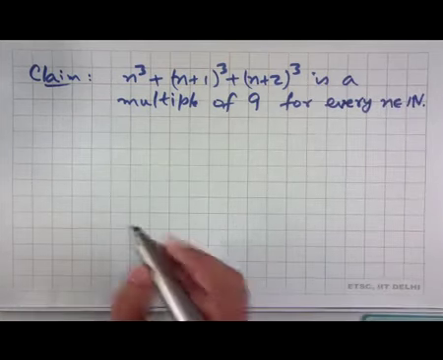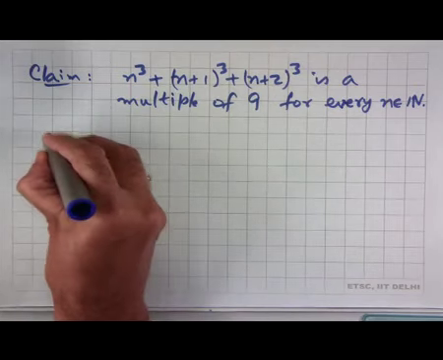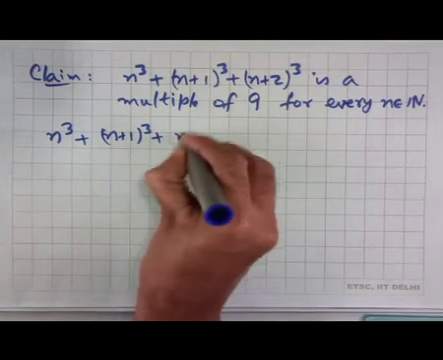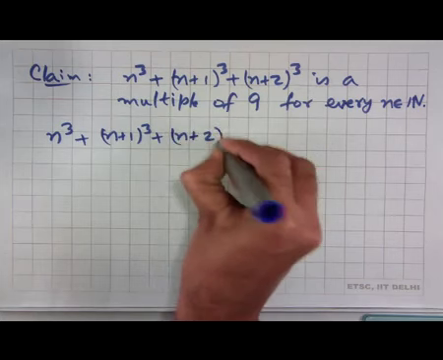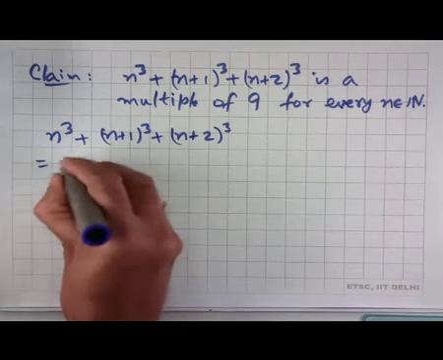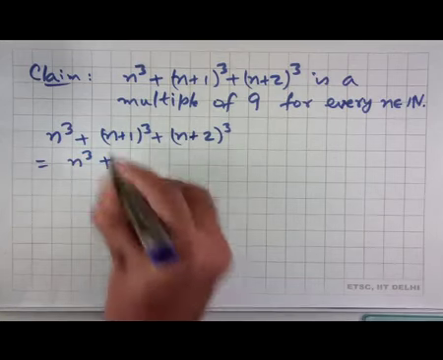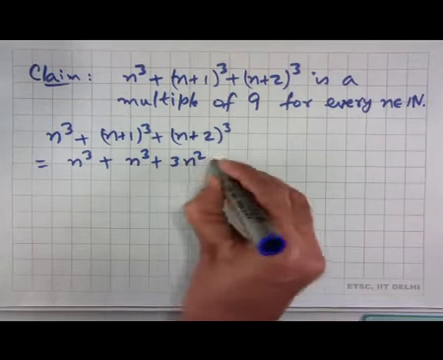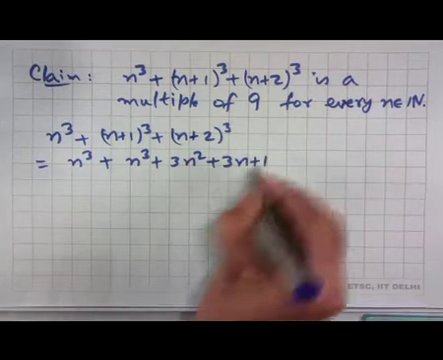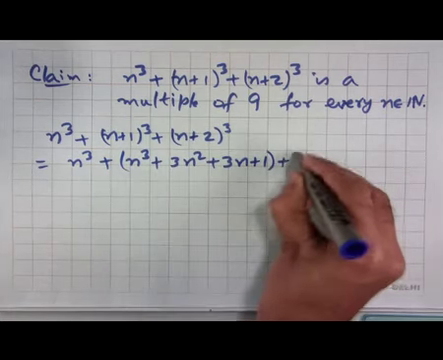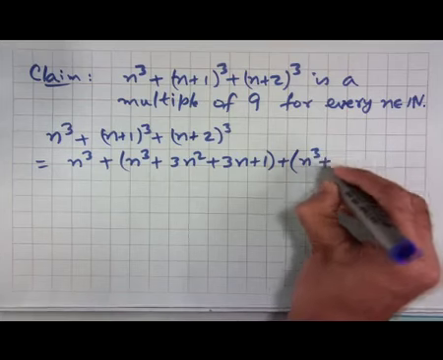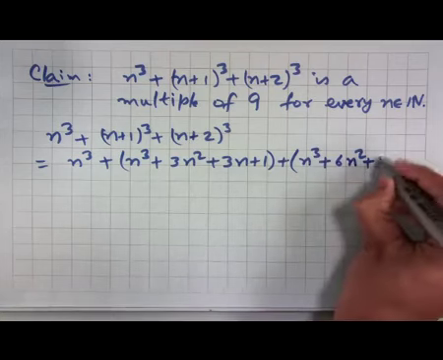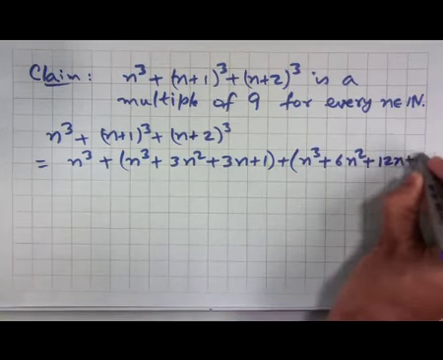So, you can simply calculate what is this n cube plus (n plus 1) cube plus (n plus 2) cube. This is equal to n cube. If you expand (n plus 1) cube, this will give you n cube plus 3n square plus 3n plus 1, and then (n plus 2) cube is n cube plus 6n square plus 12n plus 8.